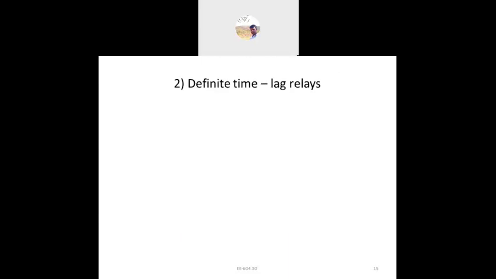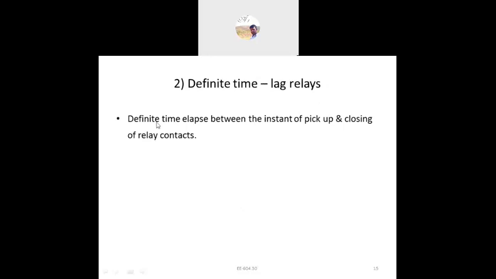Next, the definite time lag relay. In a definite time lag relay, a definite time elapses between the instant of pickup and closing of the relay contacts. The time setting is independent of the amount of current through the coil.